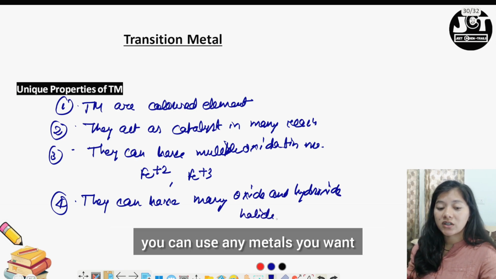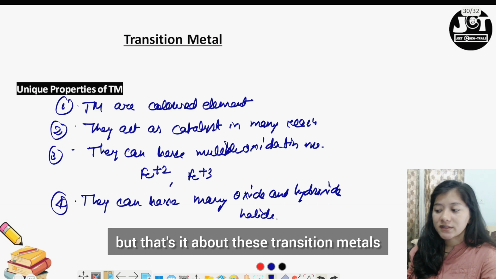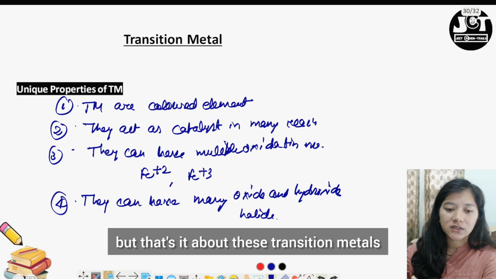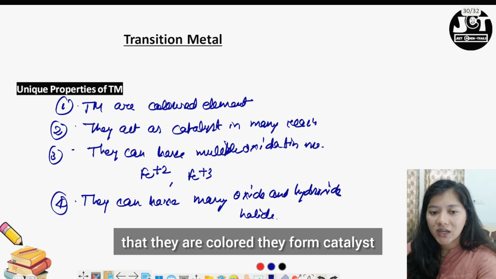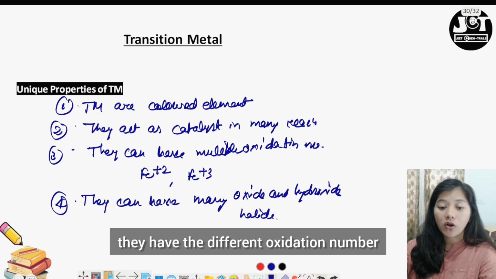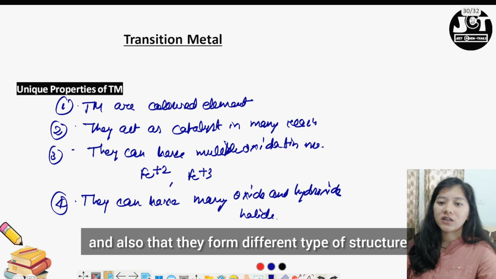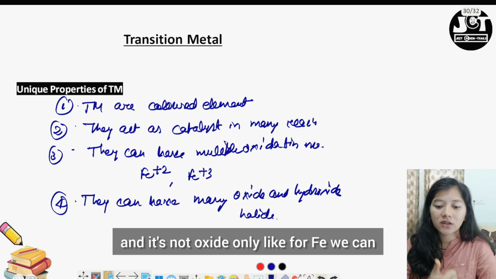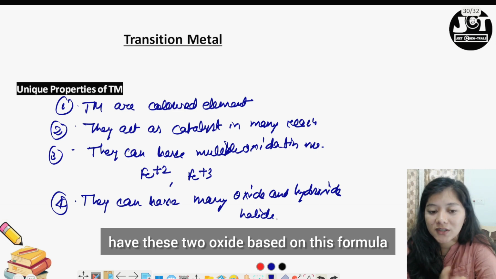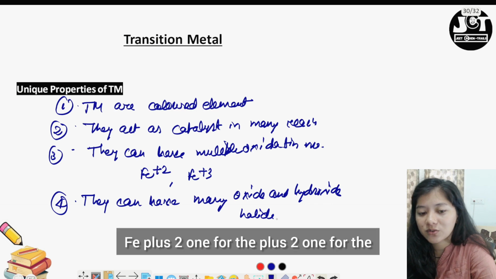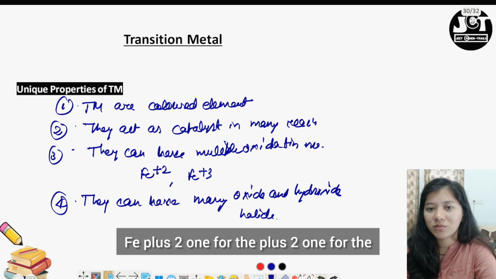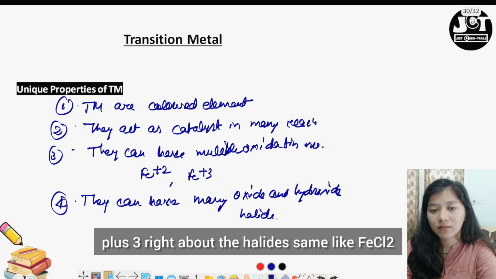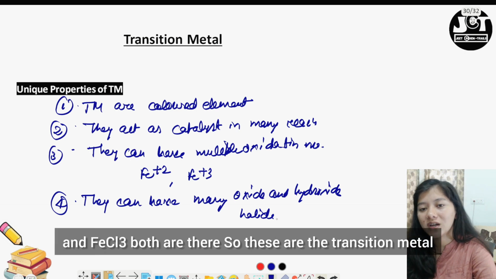You can use any metals you want, but that's it about these transition metals: they are colored, they form catalysts, they have different oxidation numbers, and they form different types of structures. It's not oxide only; for Fe we can have two oxides based on this formula, one for plus 2 and one for plus 3, right? About the halide, same: FeCl2 and FeCl3 both are there.